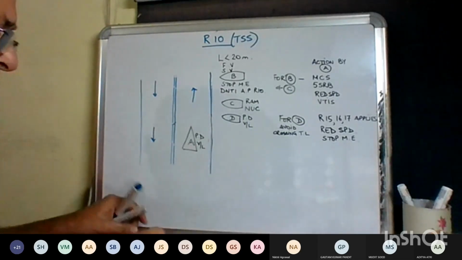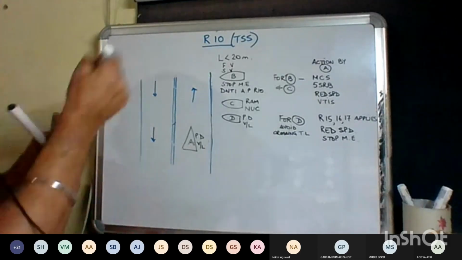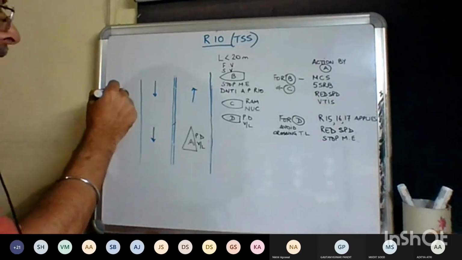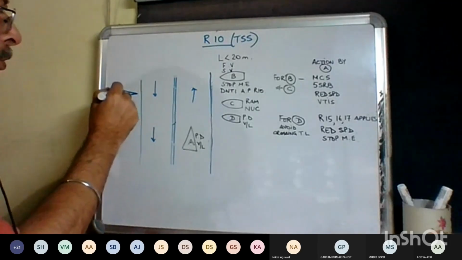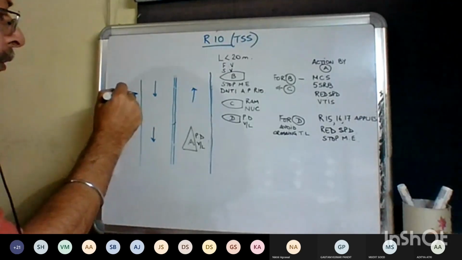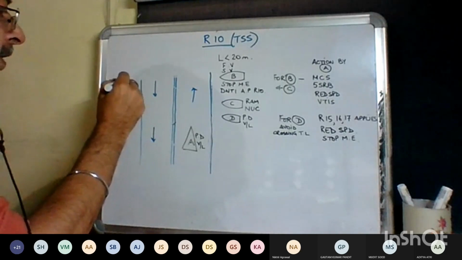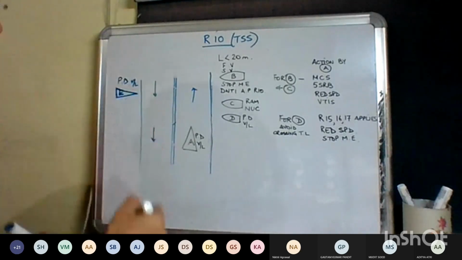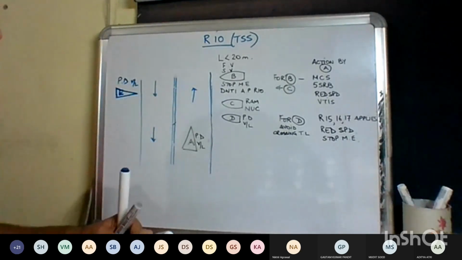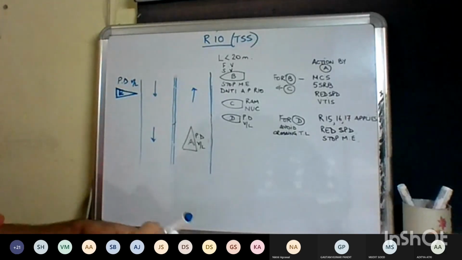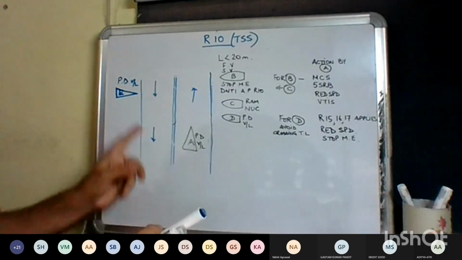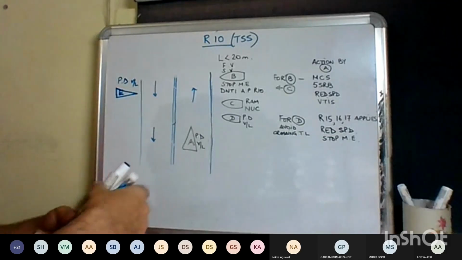So now, if you have a vessel Echo and she's a power-driven vessel on the port bow, for Echo, what will be your action?